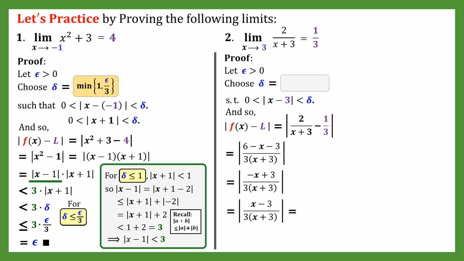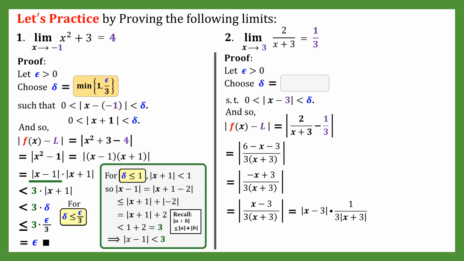And this equals the product of the absolute value of x minus 3 multiplied by 1 divided by the product 3 times the absolute value of x plus 3.